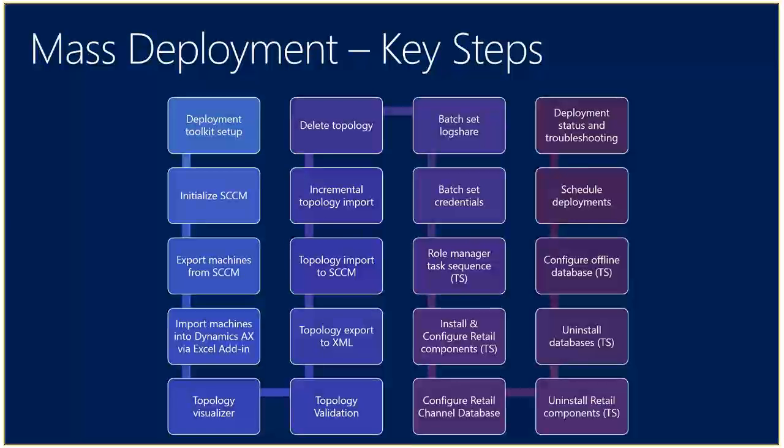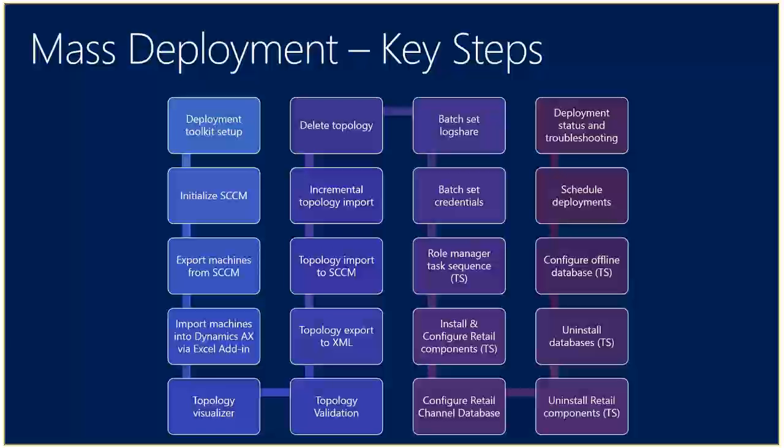In a similar fashion, we've provided the ability to batch set credentials used by different components, typically for running as a specific account. Those components require you to provide credentials for running as those specific accounts.